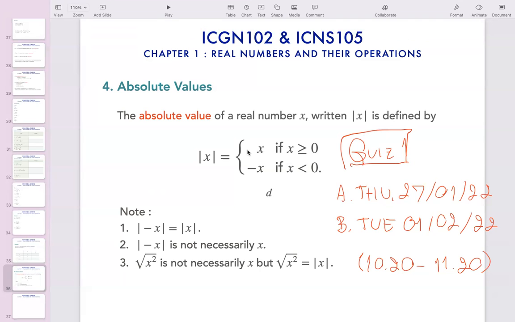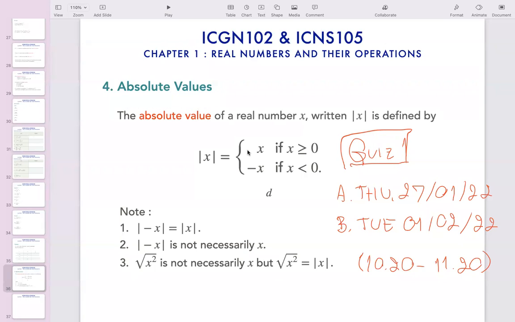Now let me count the number of you in the classroom. Who wants choice A? Raise your hand, please. None of you. Who wants choice B? It's either A or B only, no other choice.